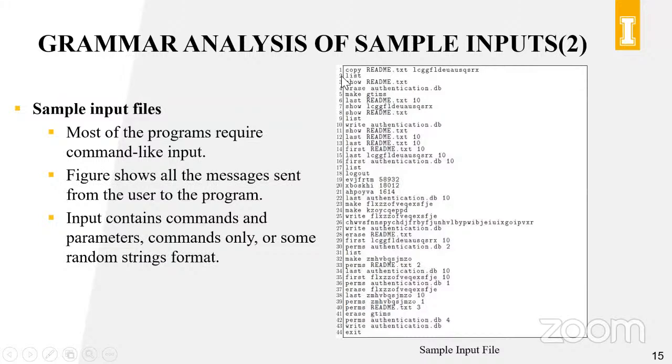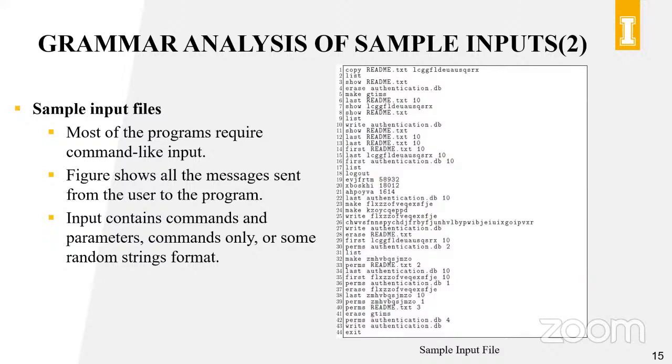Most sample input files require a command as input for the programs that we are testing. The first line is copy, then read.txt, and there is a random string. So the first word should be a command, and the options or parameters that come after it should be extracted.